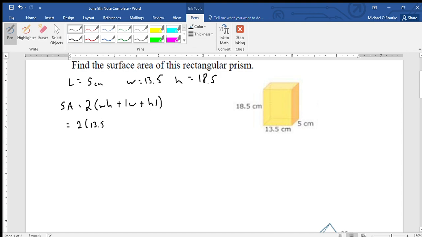This is why I like to write my numbers up top, because as I fill in, I can just look up and grab the numbers I want. Times the width, 5 plus 5 times 18. Okay. Then we're going to put those numbers in and figure out what our number coming out is.